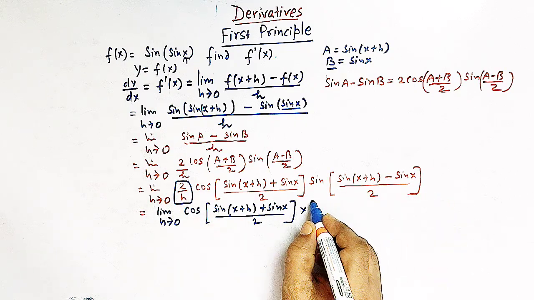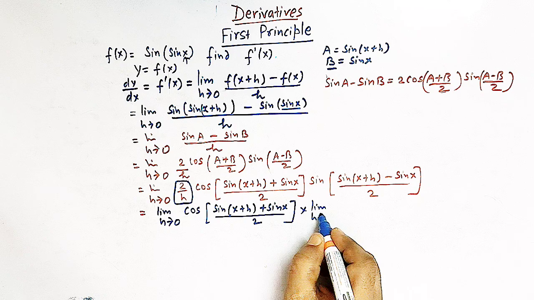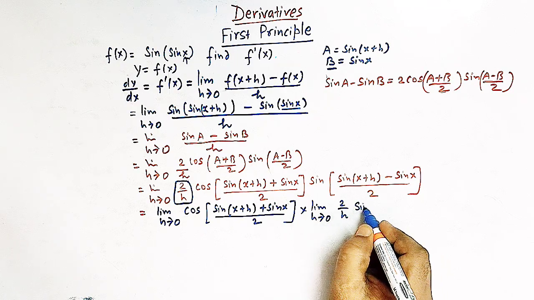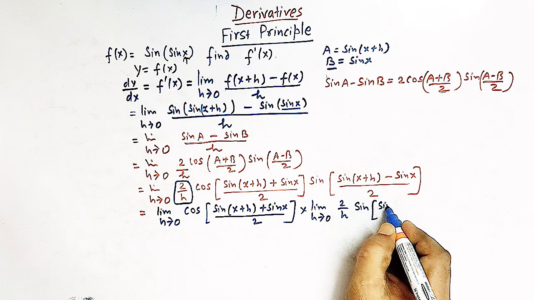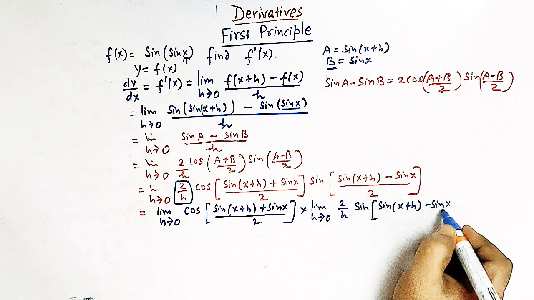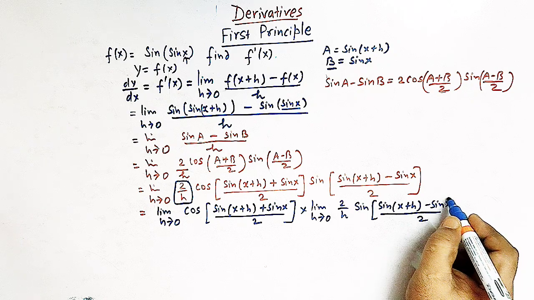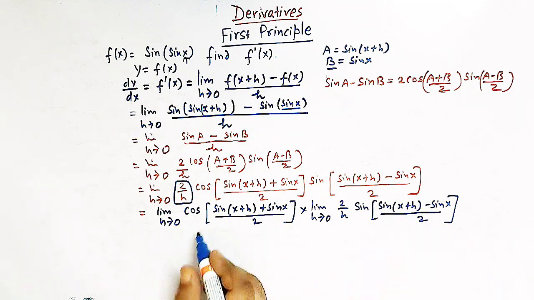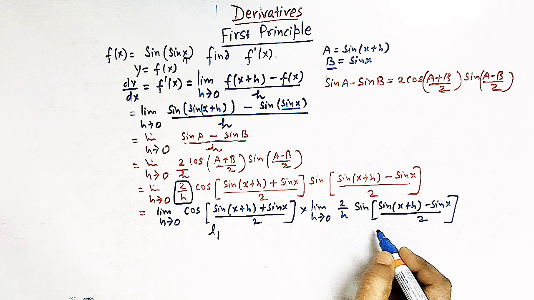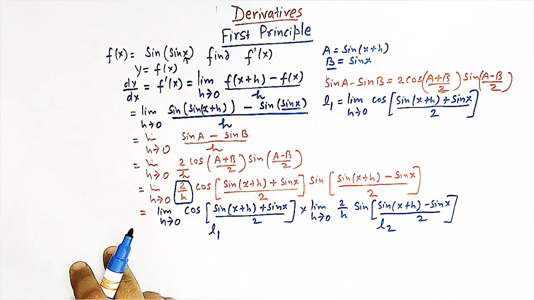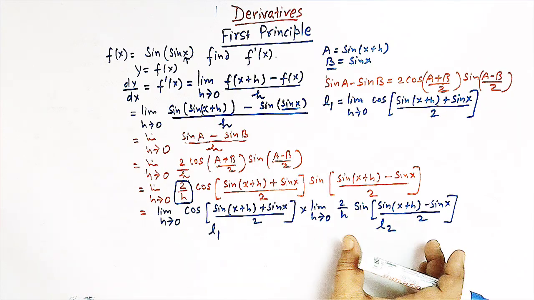So we can now write limit h tends to 0, and we have 2 over h and sine, and here we have (sine x plus h minus sine x) over 2, right? So now we have the product of two limits. So let us call this limit as L1 and this limit as L2. So now let us separately find out L1 and L2.